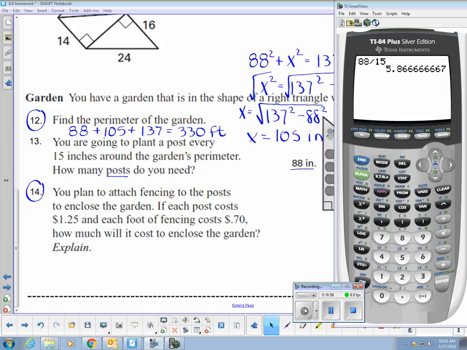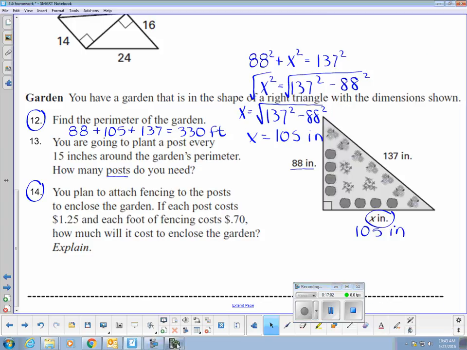So let's go ahead and draw those in. I have 6 posts. So there are my 6 posts on that side.